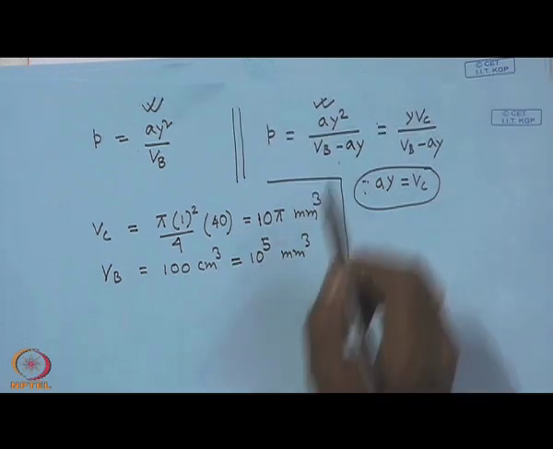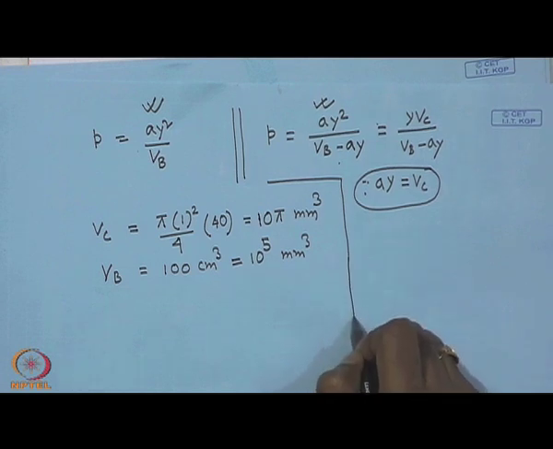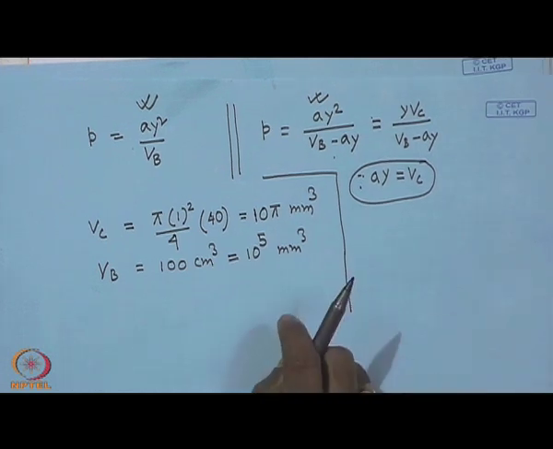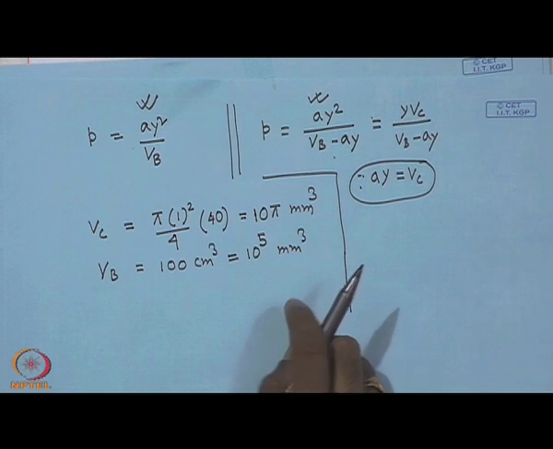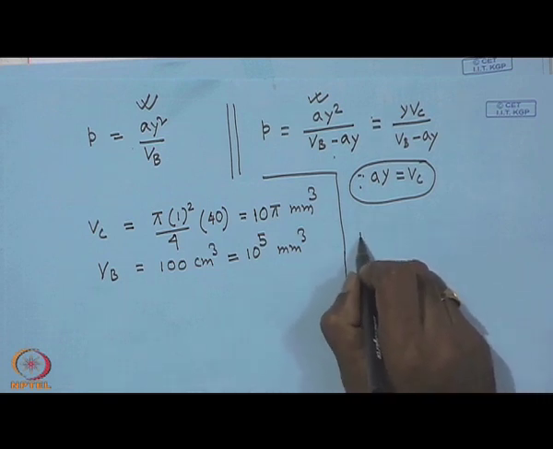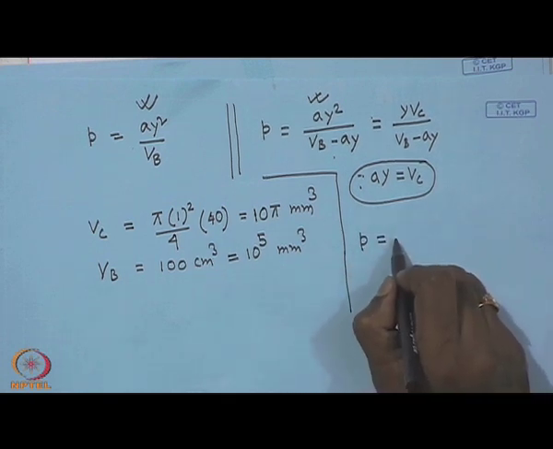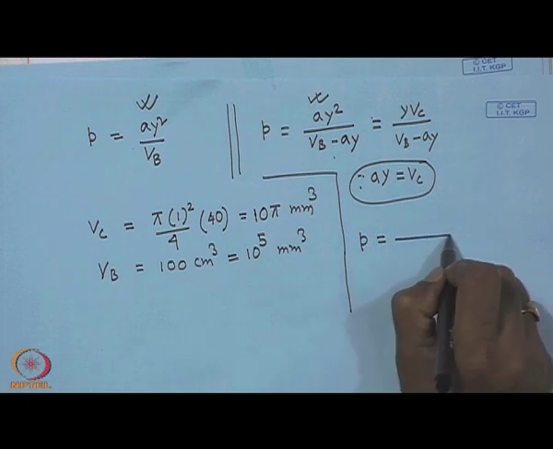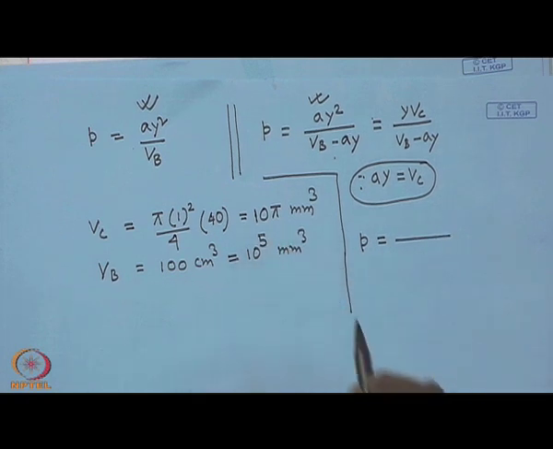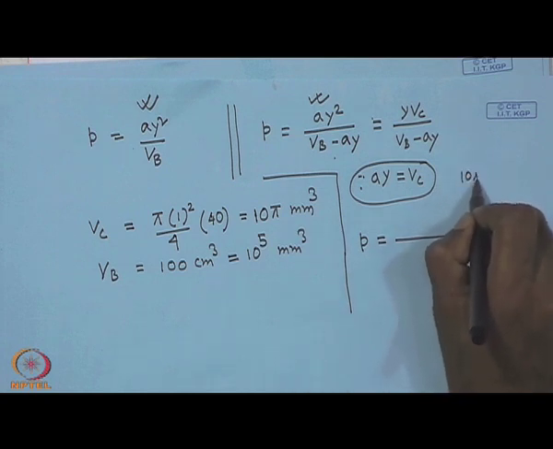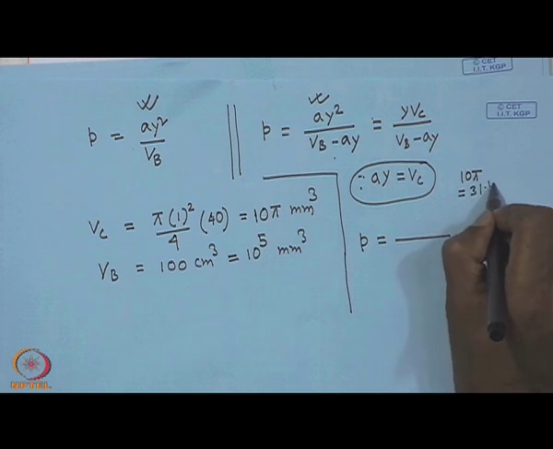So, from this equation, which is the exact equation we derived last time, we can find out P as 10 pi. If we take pi equal to 3.14, it will be 31.4.